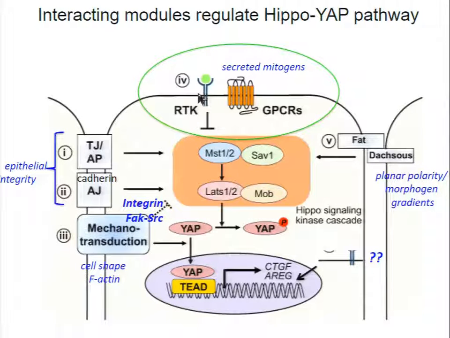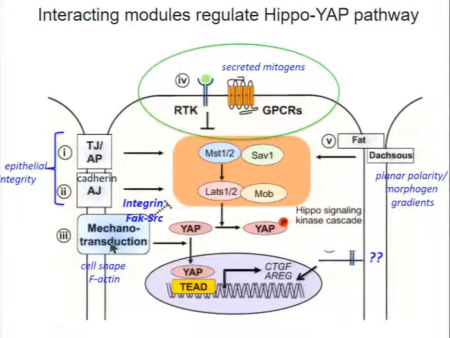So it turns out many different things regulate the Hippo pathway. I pointed out cadherins, but also tight junctions and polarity complexes actually activate the Hippo pathway and inhibit proliferation. And I like to think about these as junctions measuring epithelial integrity. So when the cells are in contact, they inhibit proliferation.